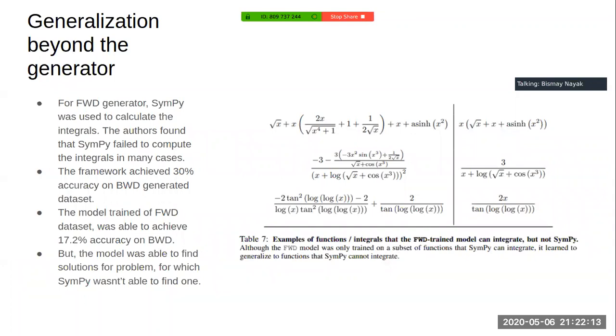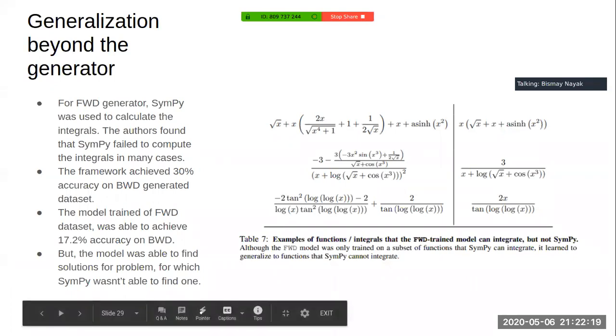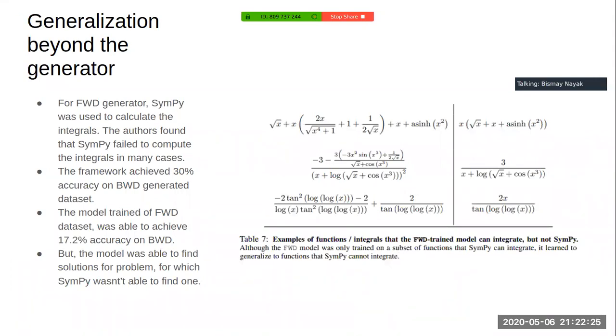Now, for the forward generator, we know that we used a mathematical framework to find the solutions for particular problems. SymPy was used to calculate these integrals.